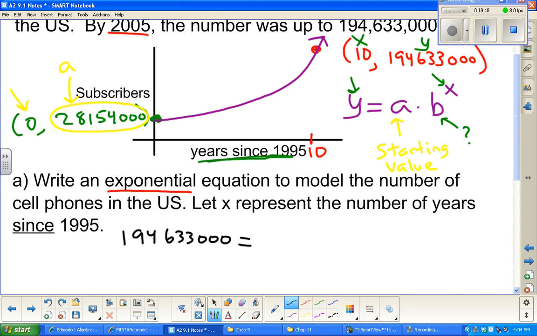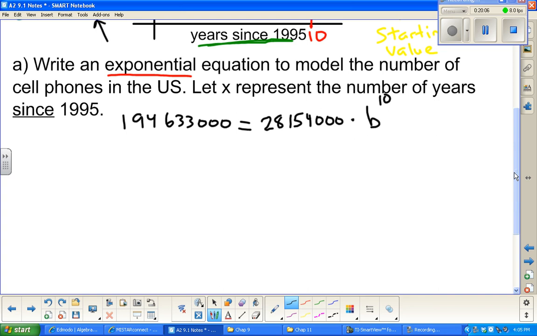So that's y equals a, the initial amount of cell phones when we started, 2154000, times some b, which we don't know. That's the variable here. And then the x value is 10 from the point they gave us. So we need to solve this equation for b.